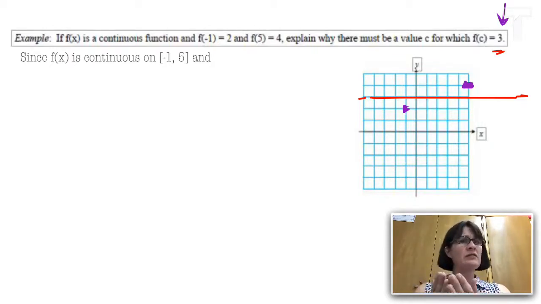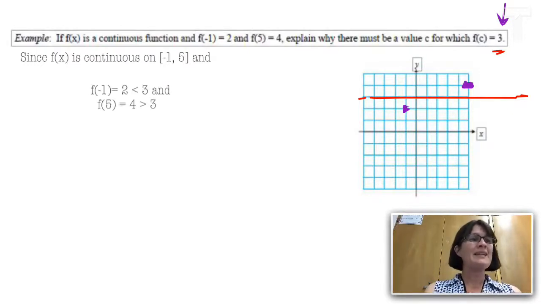So I would start my justification by saying, since f of x is continuous on the closed interval, that's brackets, -1 to 5, and what else has to be true? And here's the next part. Because I know if I connect the purples, it's going to have to cross through the red line because I have one purple dot that's above the red line and one purple dot that's below, right?